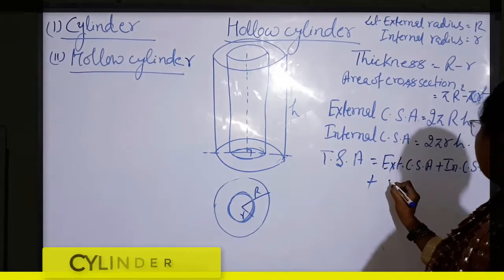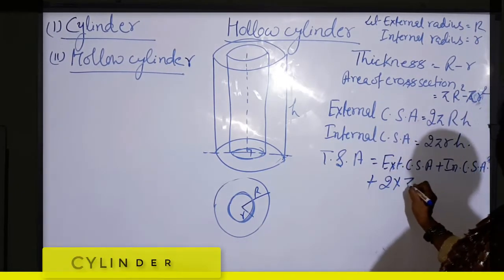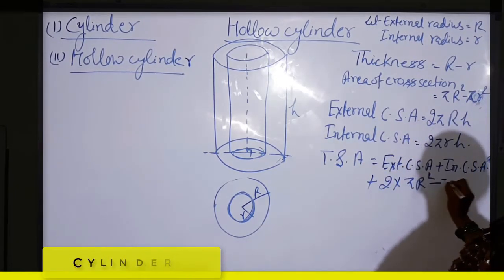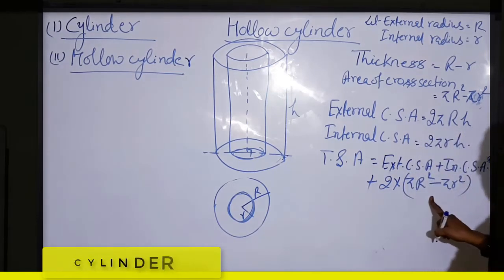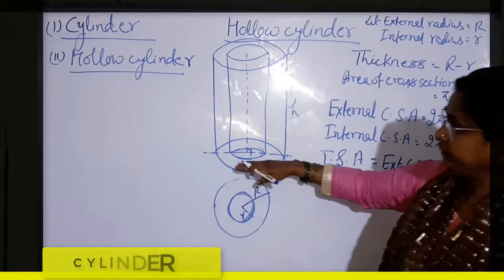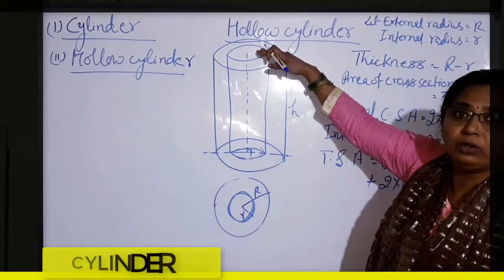It means 2 into pi R square minus pi small r square. 2 into, I have taken because one is for the base and the other for the top.